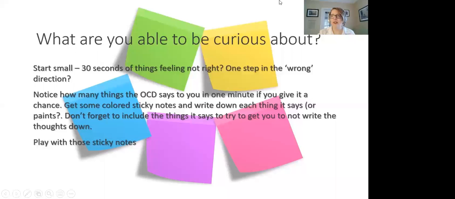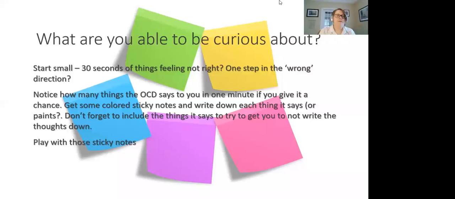Here are some really small things that we have in our book, Ben and I, to help shape this, right? Little things that you can do right in session to get people started. You can start small. Just notice, bring your attention to your OCD, or it doesn't even have to be OCD, it can be something else. And just for 30 seconds, zero in on that not right feeling. Or you can see, can you take one step in the wrong direction and see how that works, right?